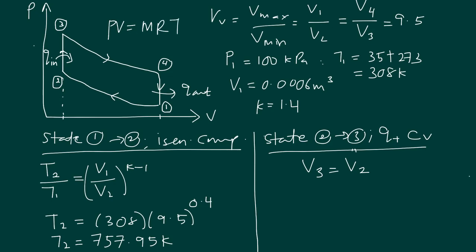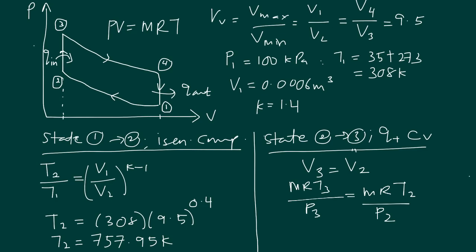If you cover V, it will be MRT3 over your P3 is equal to MRT2 over your P2.